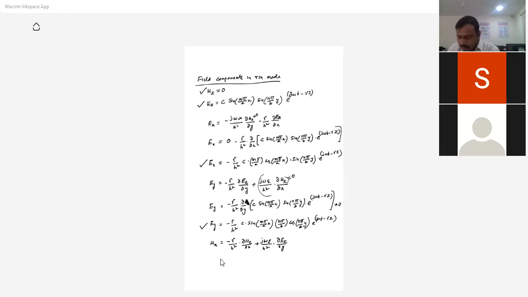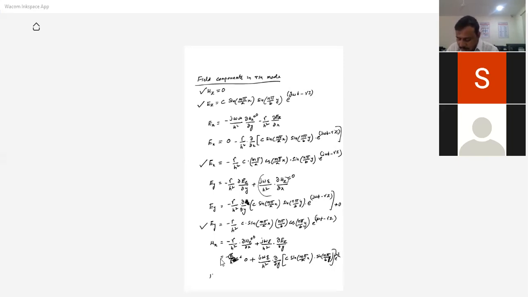In the same manner, the first term is 0. So plus j omega epsilon by h square, dou by dou y of c into sine of m pi by a into x, sine of n pi by b into y, e power j omega t minus gamma z.